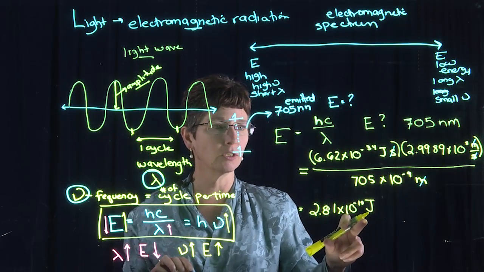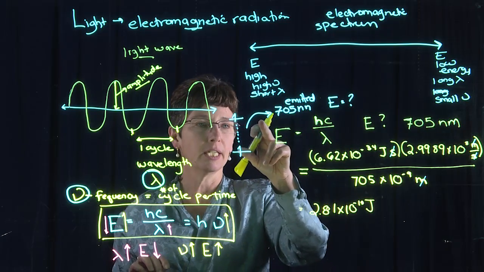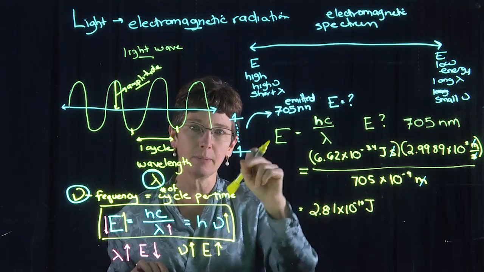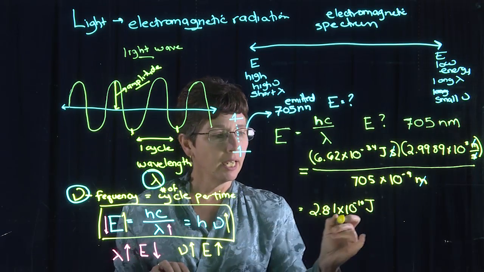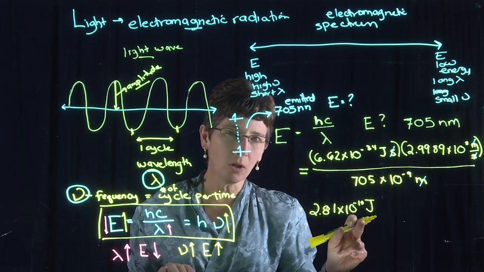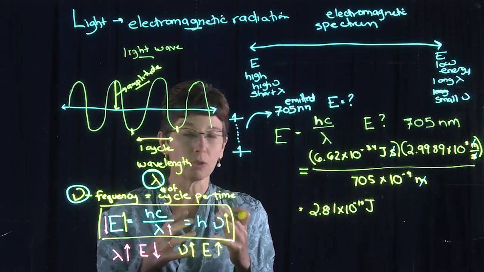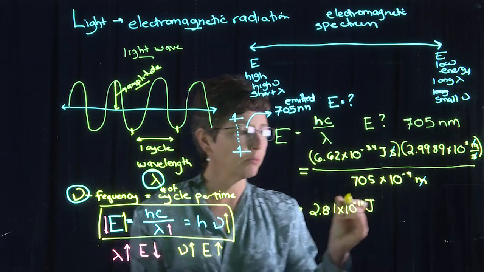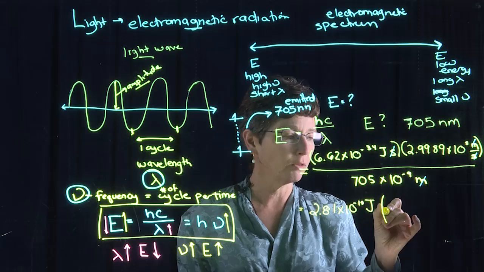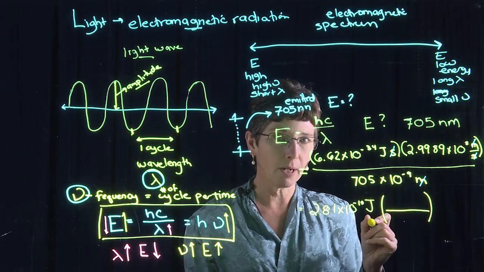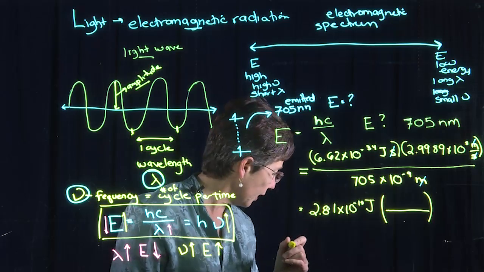So that's the energy associated with the light emitted from this electron as it decayed back down to the ground state. And because that's such a small number, when we're talking about single electrons and their motion or their behavior in atoms, we often convert to electron volts, which is just a more convenient unit for talking about the energy of an electron in an atom.